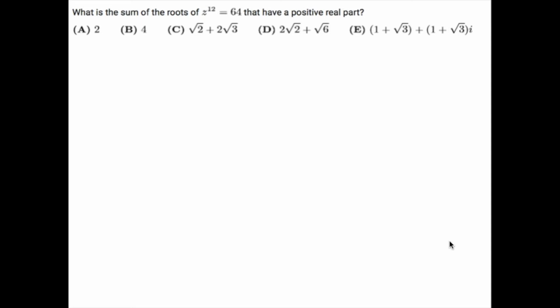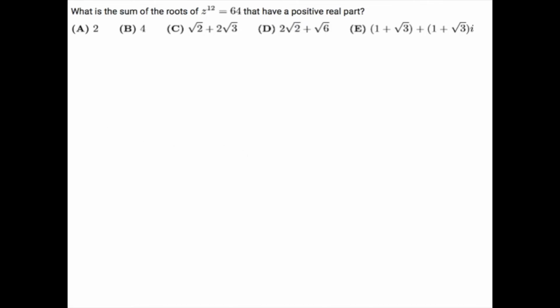This is problem number 12, and it reads, what is the sum of the roots of z to the 12th equals 64 that have a positive real part? To find these roots, we have to know the formula: r times (cosine theta plus i sine theta) to the nth, to the 1 over n power.